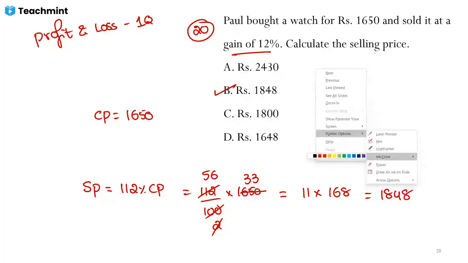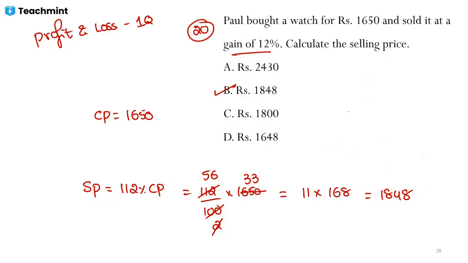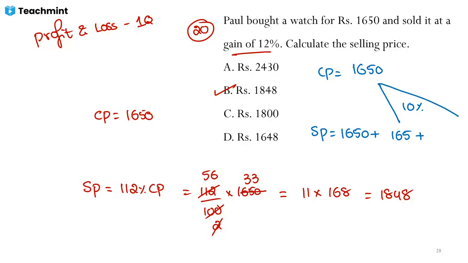And see this question by the other way of solving. Cost price is 1650, and there is 12% profit. 10% is nothing but 165. 10% means divide by 10, for any value. 10% is 165.